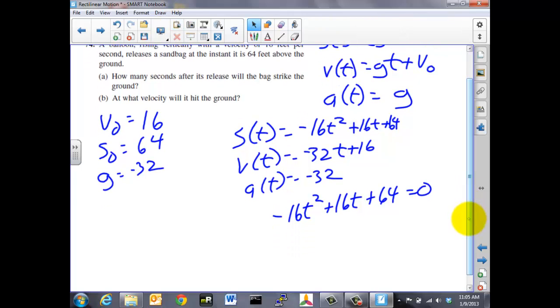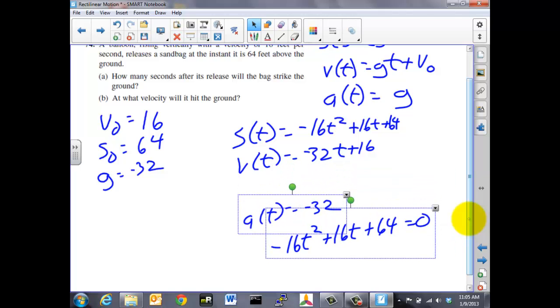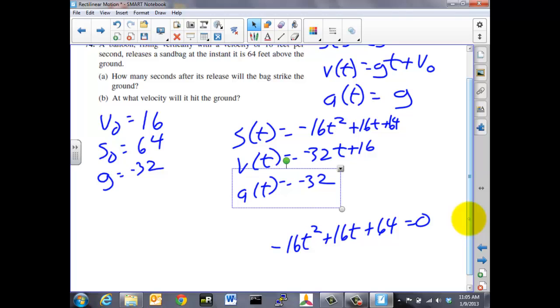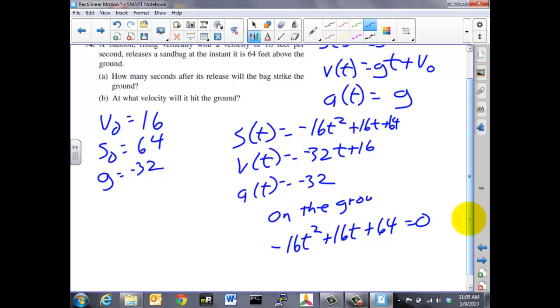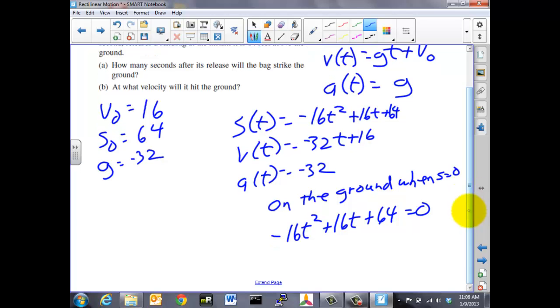How are we going to solve that? Take out a 16. Thank you, sir. All right, so if we take out a -16, ooh, did all that wrong. t squared minus t minus 4?